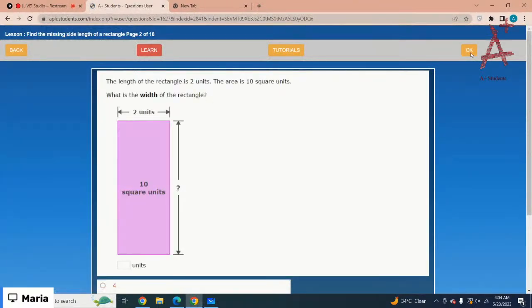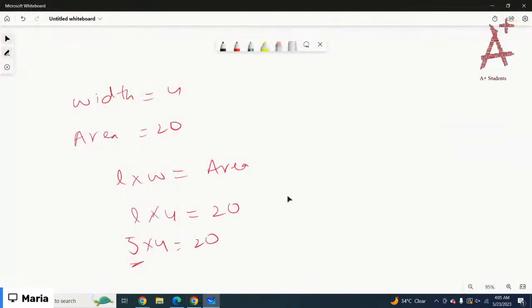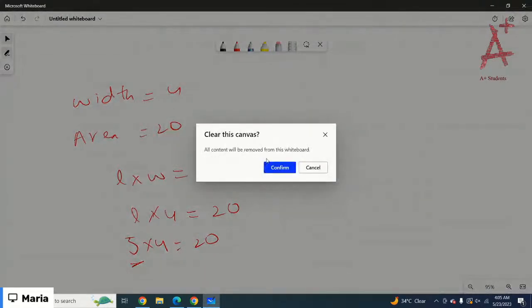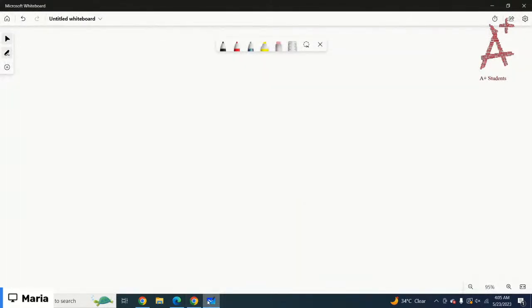Okay, the next one is the length of the rectangle is 2 units. The area is 10 square units. What is the width of the rectangle? So which is the correct option? You are given the length is 2 and area is 10. So you have length times width equals area. It would be 2 times W equals 10.